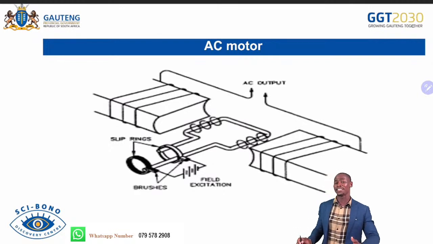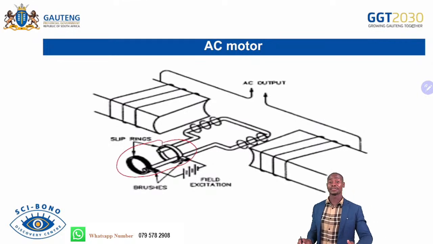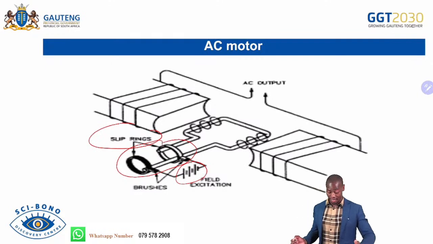So what is the difference between AC motor and the DC motor? When it comes to AC motor, we have what here? The slip rings. Same with the AC generator. So these are slip rings. And then there's a source of power because electrical energy must be converted to mechanical energy.